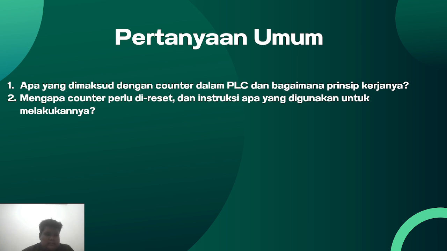And then number two, why does the counter need to be reset, and what instruction is used to do it? The counter needs to be reset to clear the stored count value and return it to its initial state, usually 0.